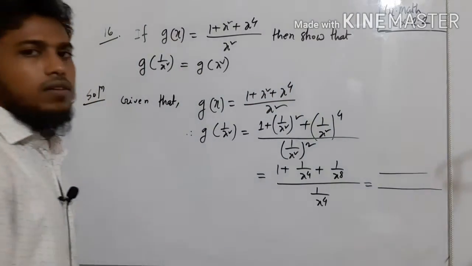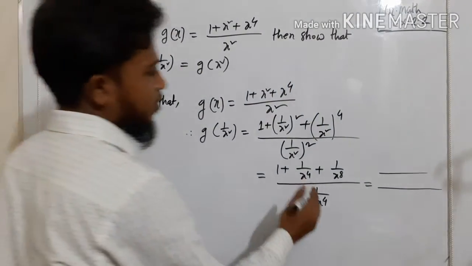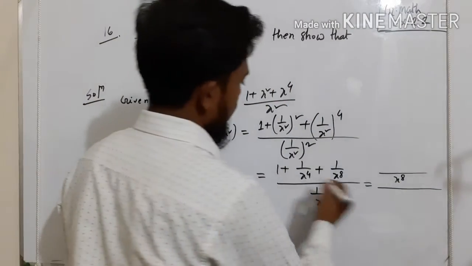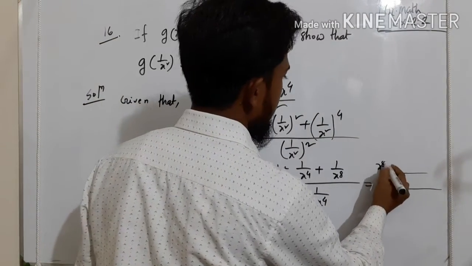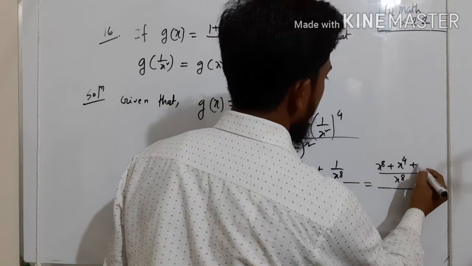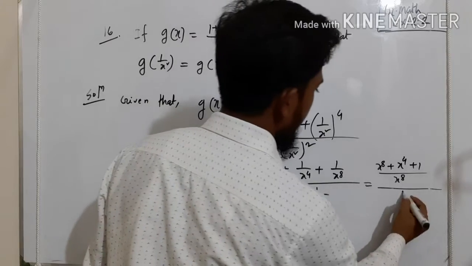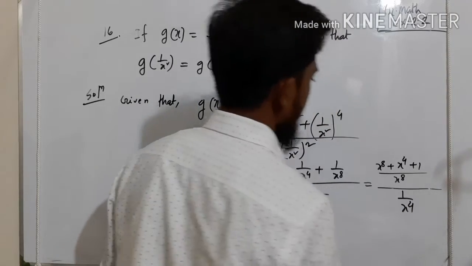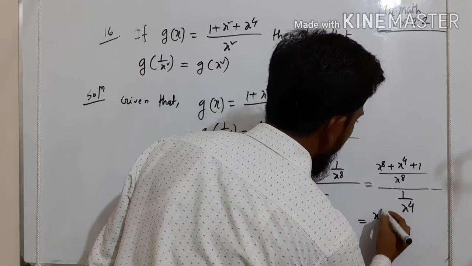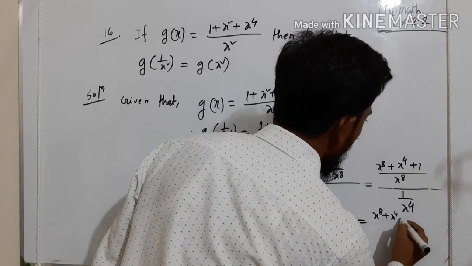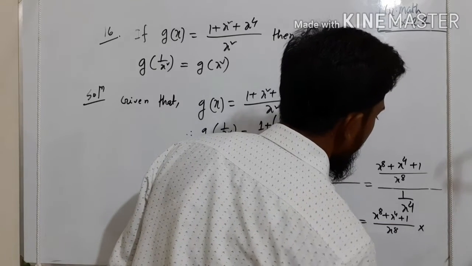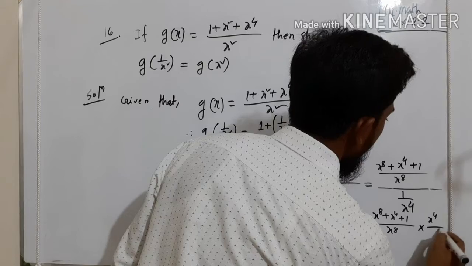If we take LCM x power 8, so here x power 8 plus x power 4 plus 1 divided by 1 by x power 4. So finally we can write (x power 8 plus x power 4 plus 1) divided by x power 8 into x power 4 divided by 1.